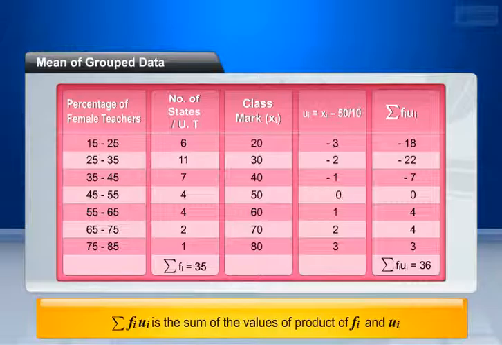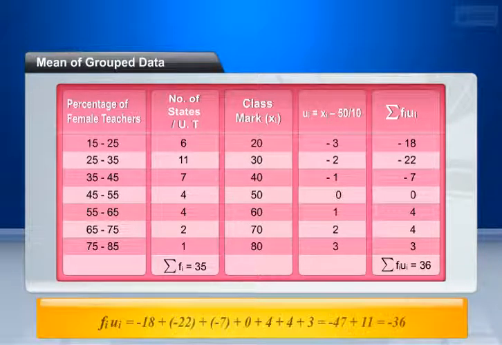Sigma fiui is the sum of the products of fi and ui, that is, minus 18 plus minus 22 plus minus 7 plus 0 plus 4 plus 4 plus 3. This is equal to minus 47 plus 11, which is minus 36.